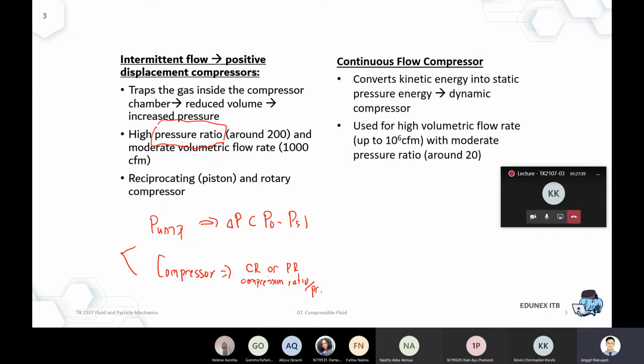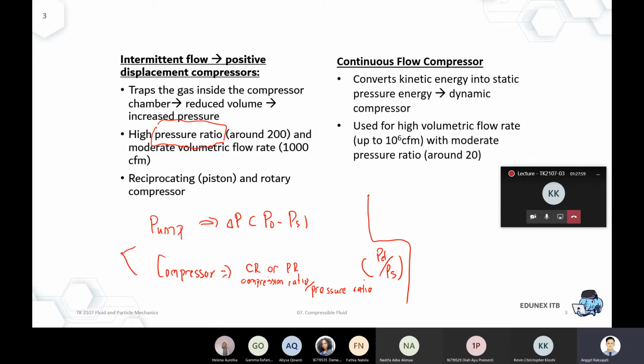The delta P of a compressor is not really meaningful. Ratio means we're talking about discharge pressure per suction pressure. Why? You will understand when we go into the formula.